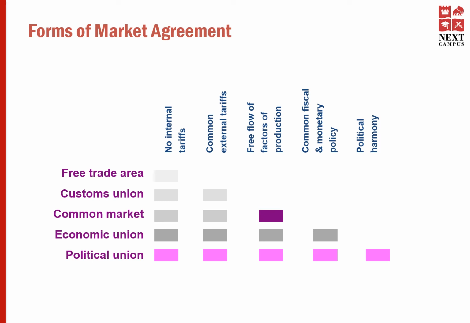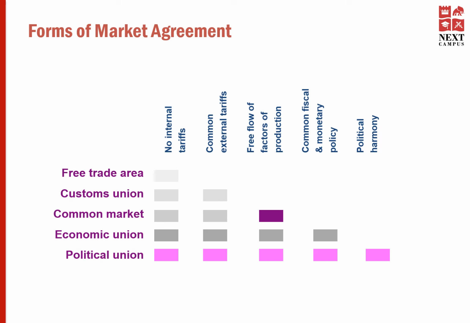The second one could be common fiscal or monetary policy, an economic union. Then it can advance into a common market kind of thing, where free flow of factors of production like labor is permitted, like EU. And EU has even a customs union, common external tariffs for the entire trade bloc.